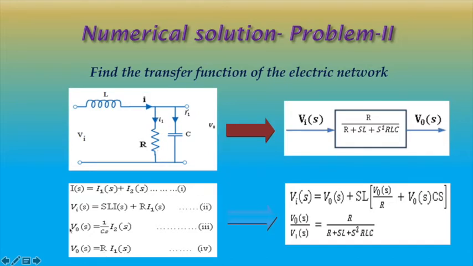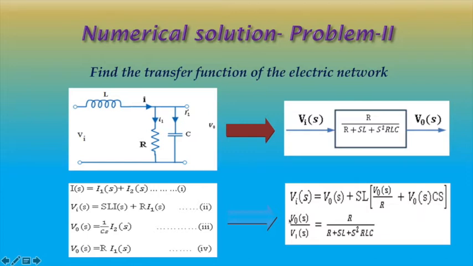This is the Laplace form. Another equation is that the total current I equals I1 plus I2, so I(s) equals I1(s) plus I2(s). Putting I(s) equals I1(s) plus I2(s) and R into I1(s) equal to V0, we get this equation.